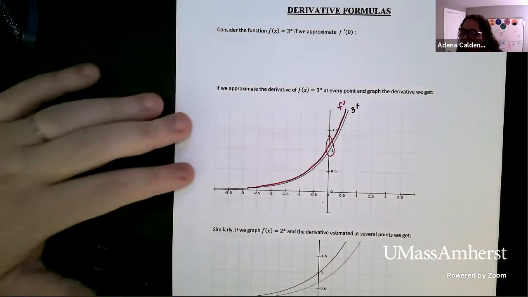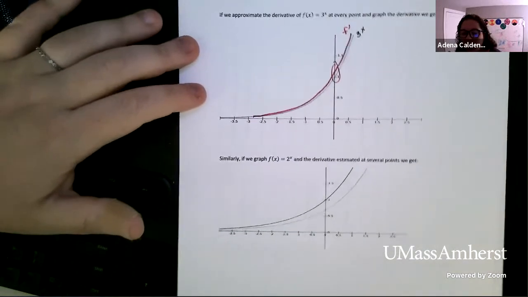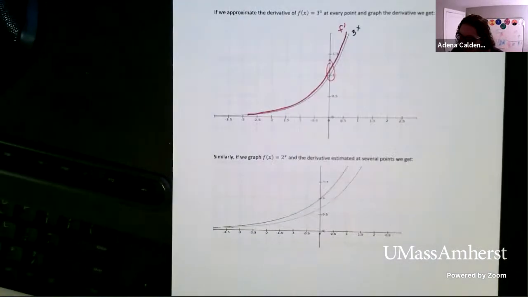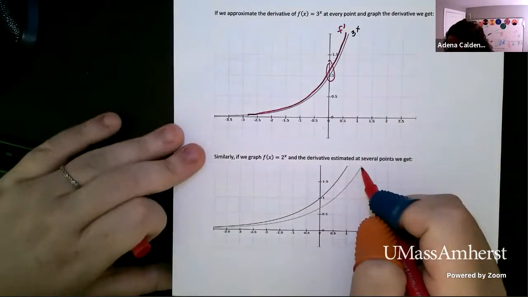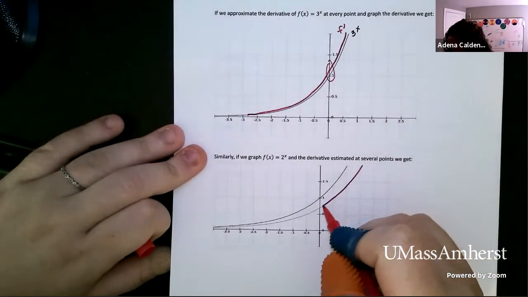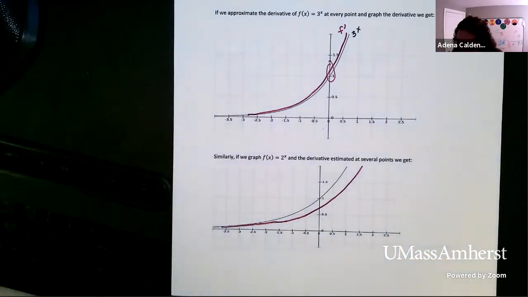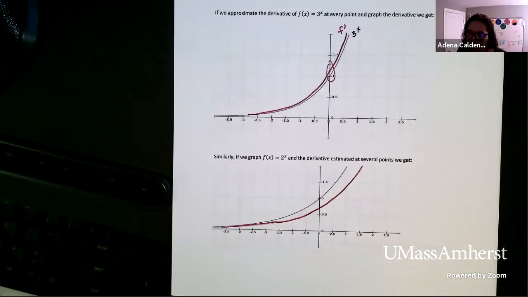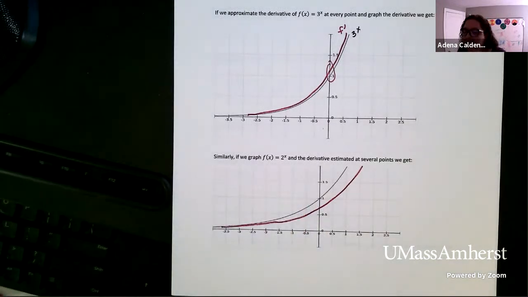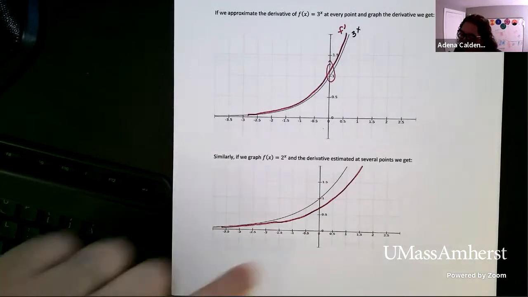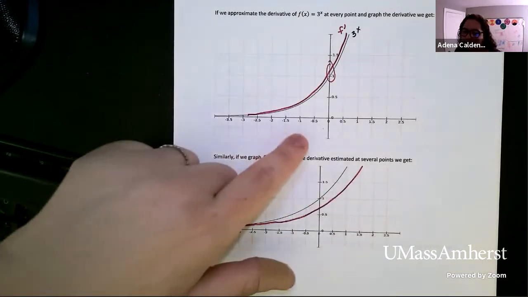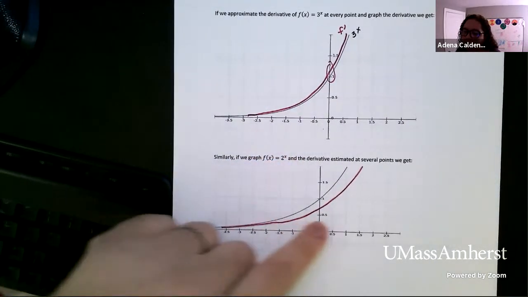If we then look at 2 to the x, we have 2 to the x in black. Now I'm going to trace the derivative in red. We get something similar: it looks exponential. It's not quite 2 to the x, but it's pretty close. What we're trying to do is figure out what this derivative function is in relation to the one we are plotting the points for.